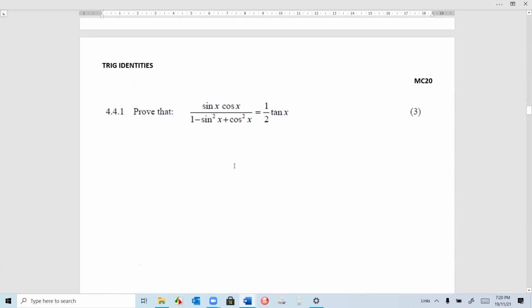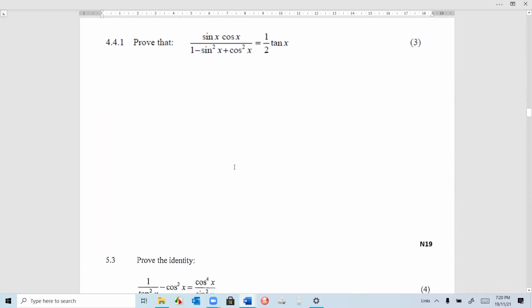All right. Okay, so let's look at the next one. It's a question that must appear in the paper, on trig identities, where we say, prove this. So you look at the first one, you start on your right-hand side, RHS. You can start on any side, to be honest.